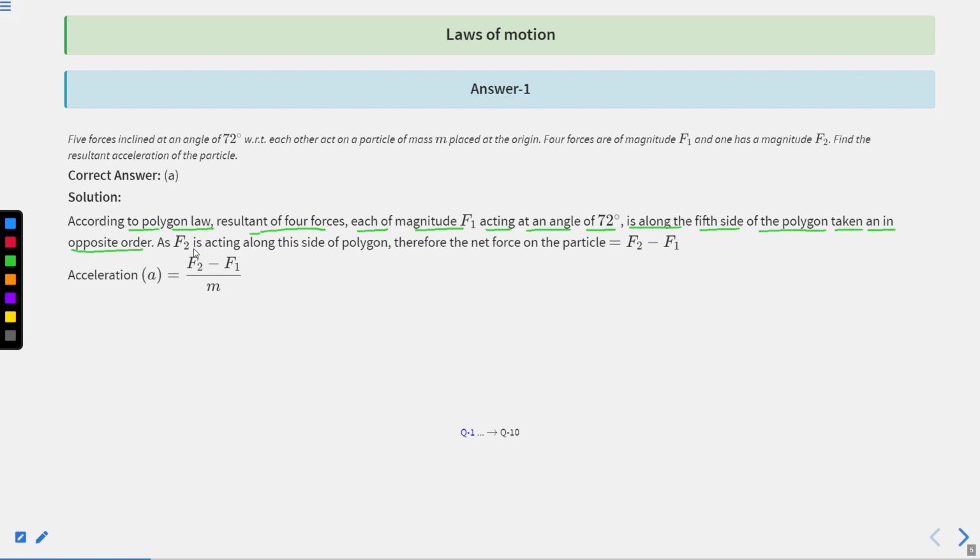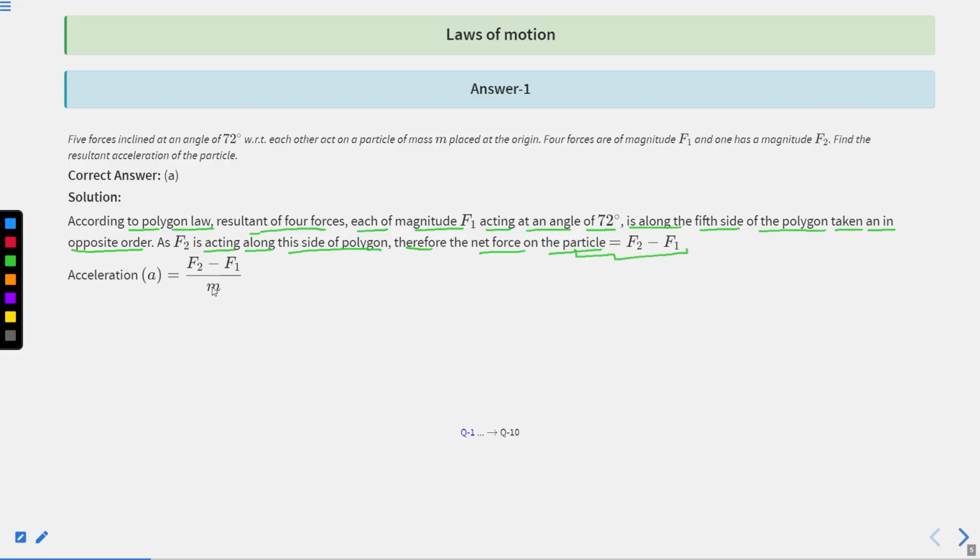As F2 acts along this side of the polygon, the net force on the particle is F2 minus F1.